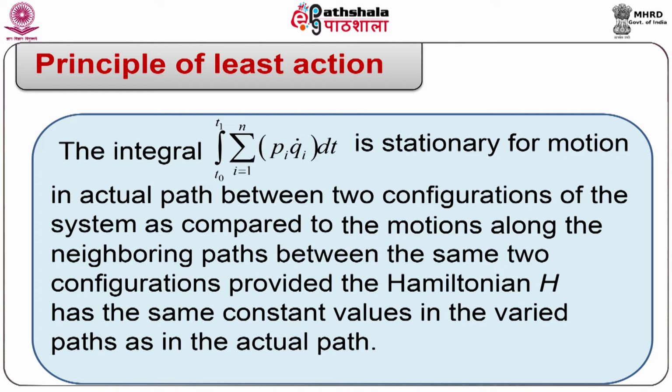Here pi is the generalized momenta, whereas qi dot is the generalized velocity.